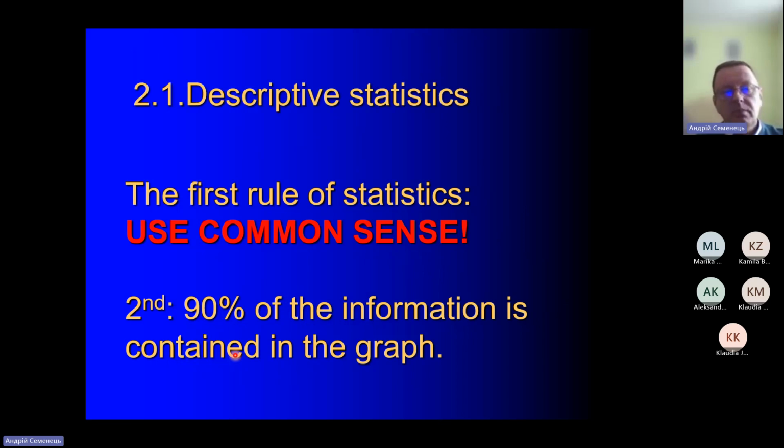Okay, so now turn to the question about starting with statistical analysis.